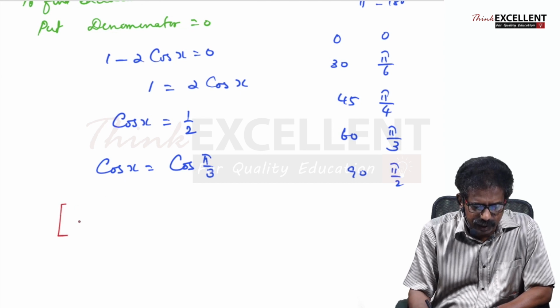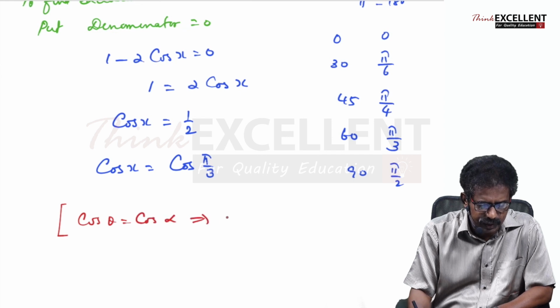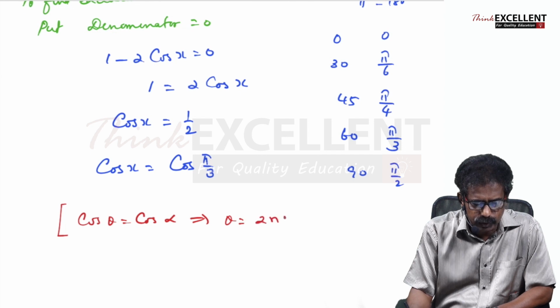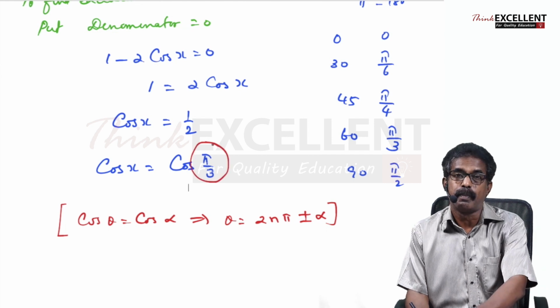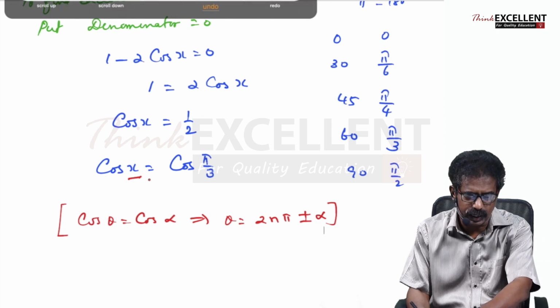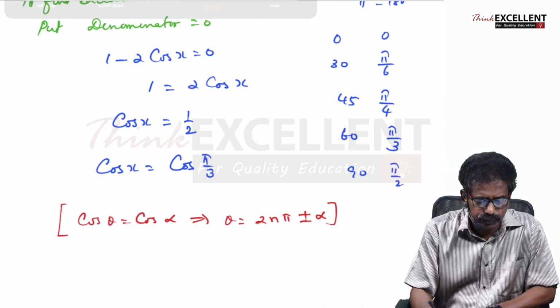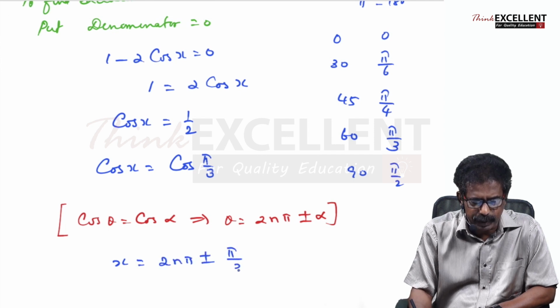I have given a formula for cos theta equal to cos alpha. The formula is theta is equal to 2n pi plus or minus alpha. This is the formula, and this is our alpha. What is alpha here? Pi by 3. Instead of theta, what do you have here? x. So the solution is x equal to 2n pi plus or minus alpha, alpha value pi by 3.